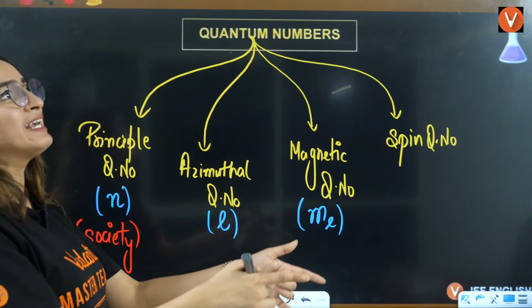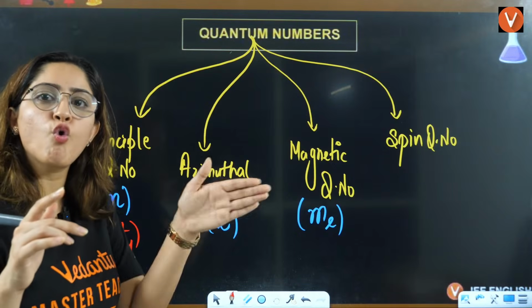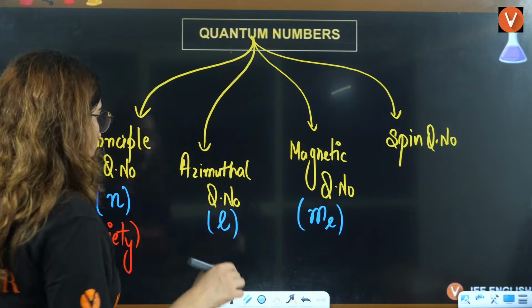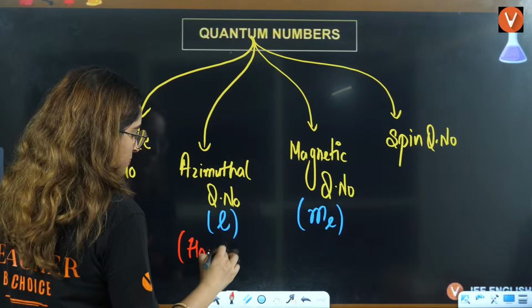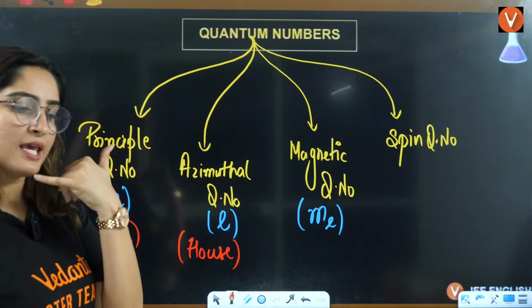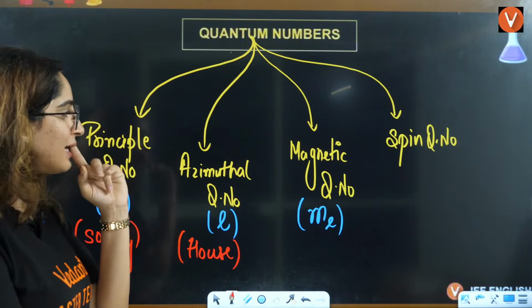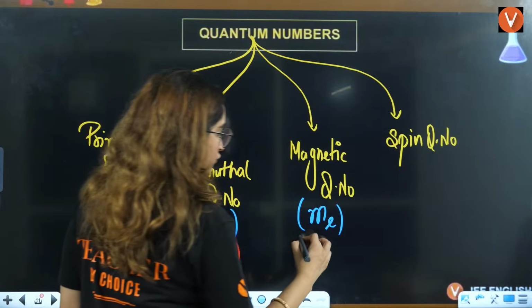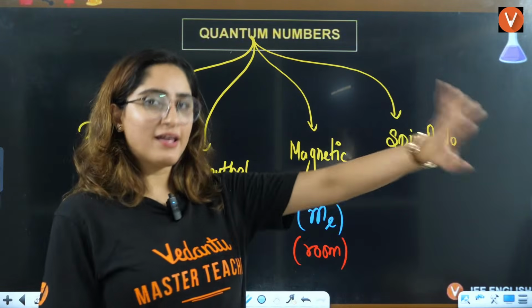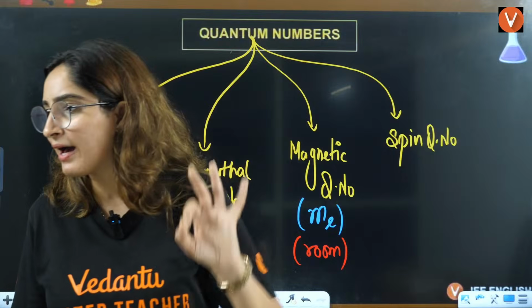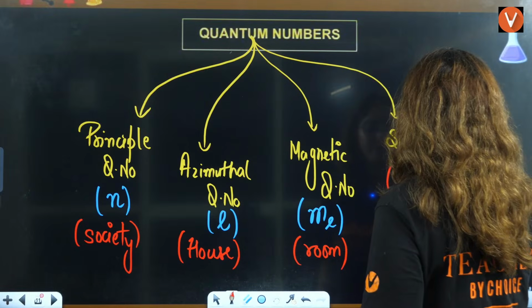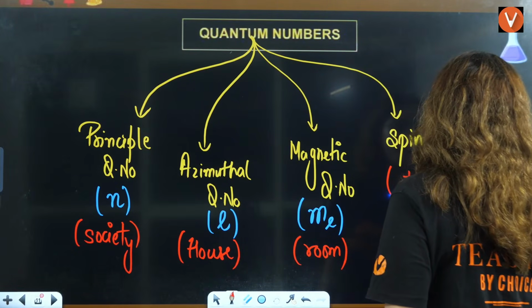Then in one society, you will have so many houses. You will ask them the house number. After asking the house number, you will say, yes, I have reached your house, but in which room are you living? And then you will see whether that person is living in a good manner or a bad manner. Good manner means plus half or minus half.